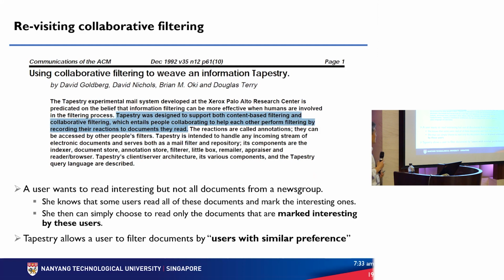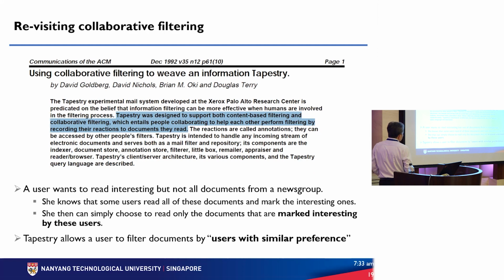This is a system by IBM, the report, I'm not sure how to pronounce this, Tapestry. This system was designed to support both content-based and collaborative filtering to support the user, basically news rating, okay?